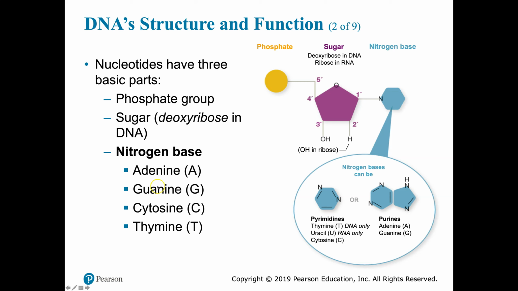It could be adenine, guanine, cytosine, or thymine. Adenine, guanine, cytosine, thymine. Those are the 4 nitrogenous bases found in DNA. If we were to look at RNA, there would be a slight change in the nitrogenous bases. One would get replaced.